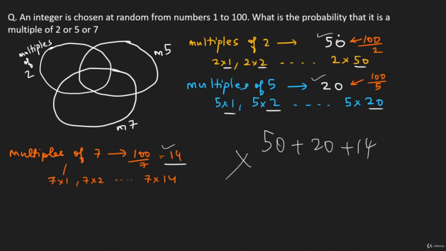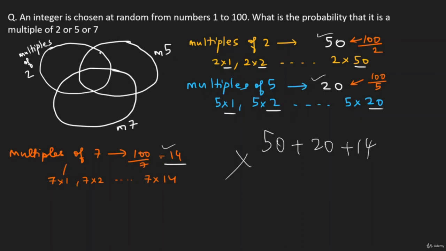Because when we say that there are 50 multiples of 2 and there are 20 multiples of 5, we will be double counting the multiples or the integers which are both a multiple of 2 and 5, right? For example, over here you can see that this 50 represents the numbers which are there in this circle over here. Similarly, this 20 represents the numbers which will be filled in this circle over here, right?